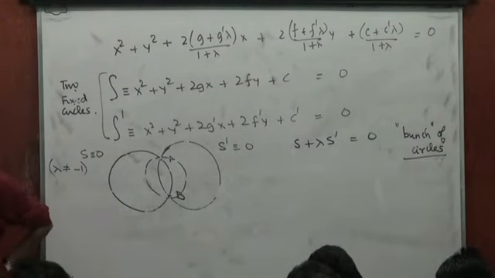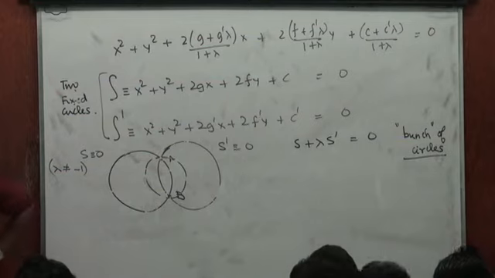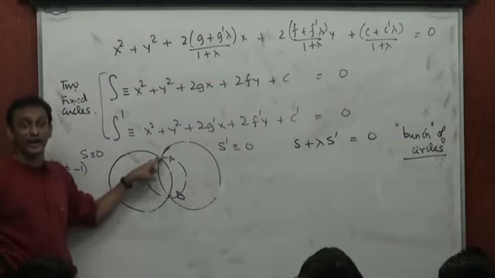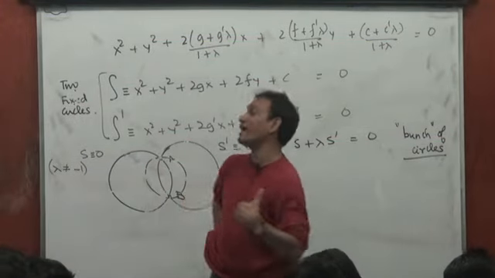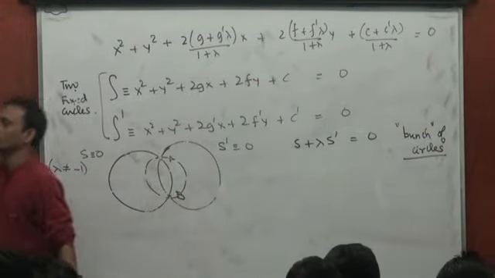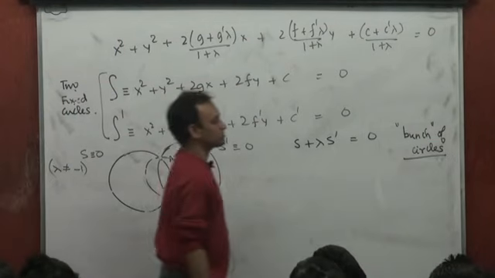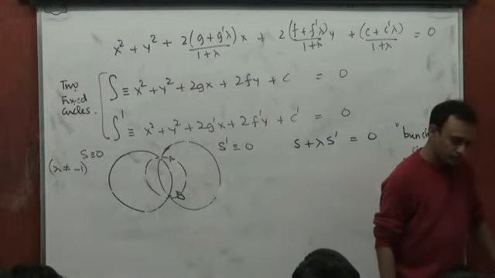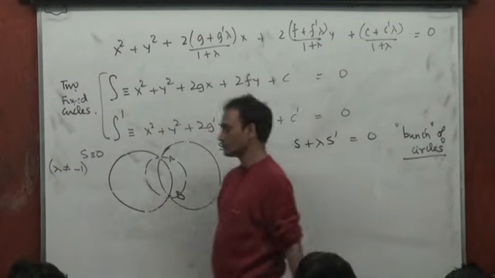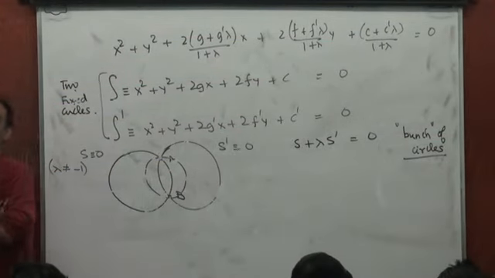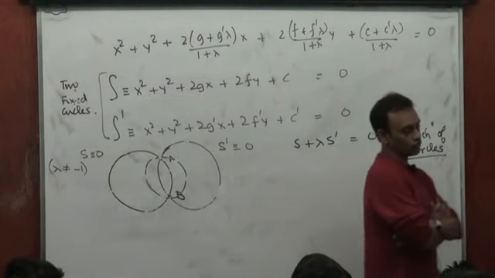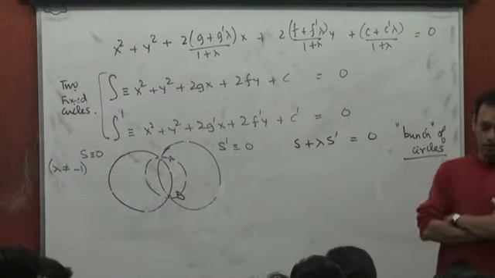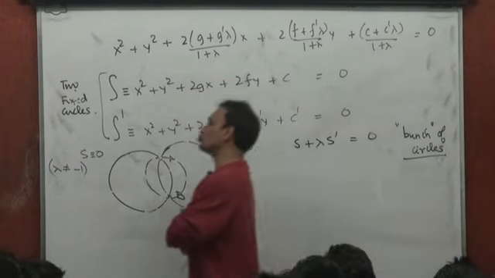Now it's not anymore a bunch, it's a family, because all members of the family will pass through A and B. So for lambda not equal to -1 will give me a family of circles passing through the intersection A and B of the two fixed circles.